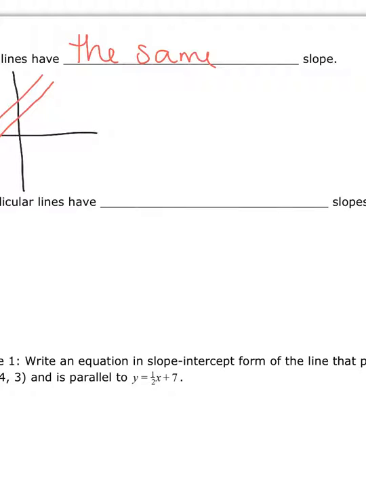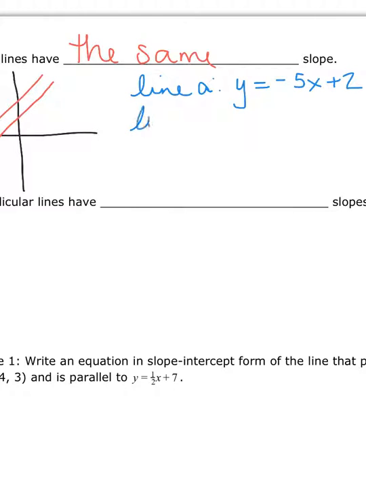Can I use my grid paper to make sure they're parallel? That's a good idea. All right. So for example, two lines that are parallel. I'm going to call this line A. Let's say line A is y equals negative 5x plus 2.